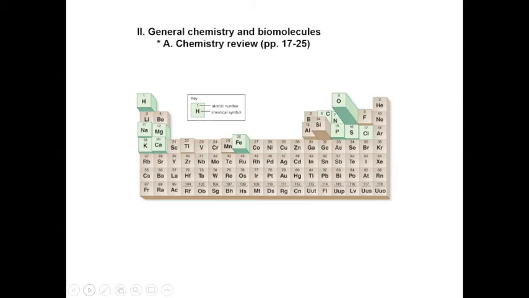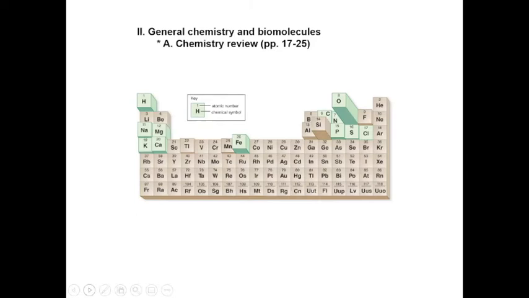What are the four elements? Let's see if you've done some reading. What are the four elements, this is a table of elements, that are most prominent in life forms here on the planet Earth? You ready to put your hand up, John? Carbon, hydrogen, oxygen, and nitrogen. These are the big four. Right?